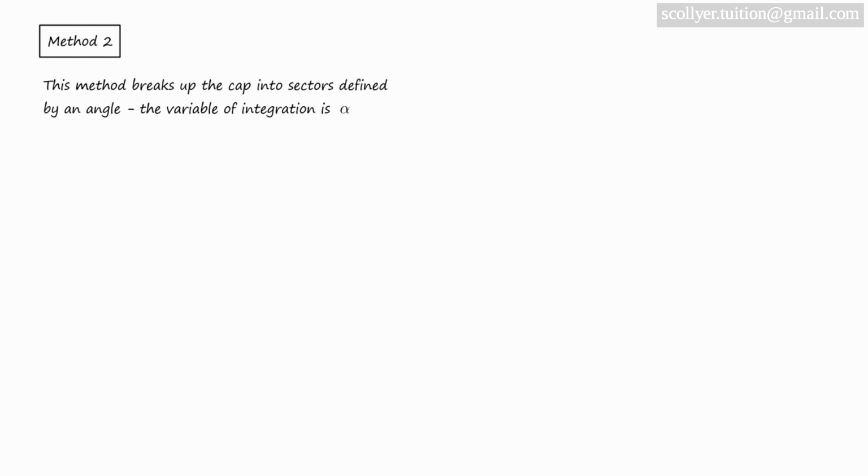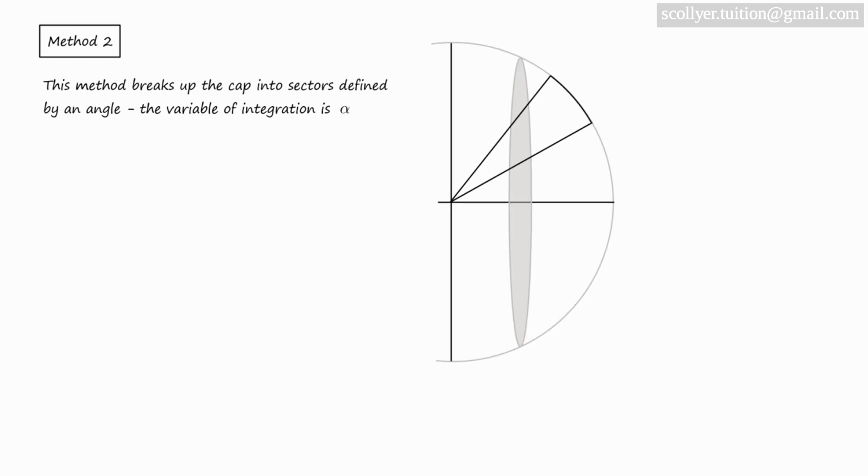In method 2, we break the cap up into sectors defined by an angle, and the variable of integration is alpha. So here is the cap, and we consider a sector of radius r and with arc length delta s, which subtends an angle delta alpha at the centre. And so we have that delta s equals r delta alpha.